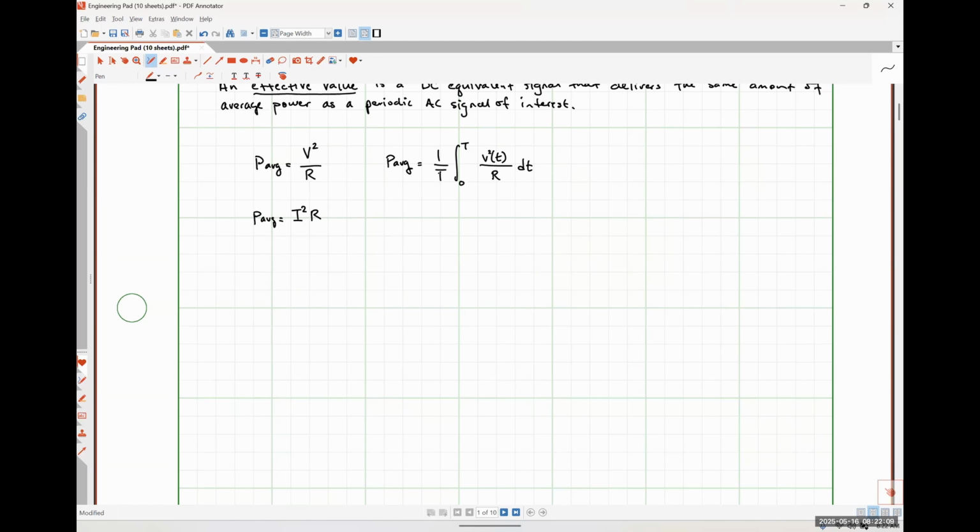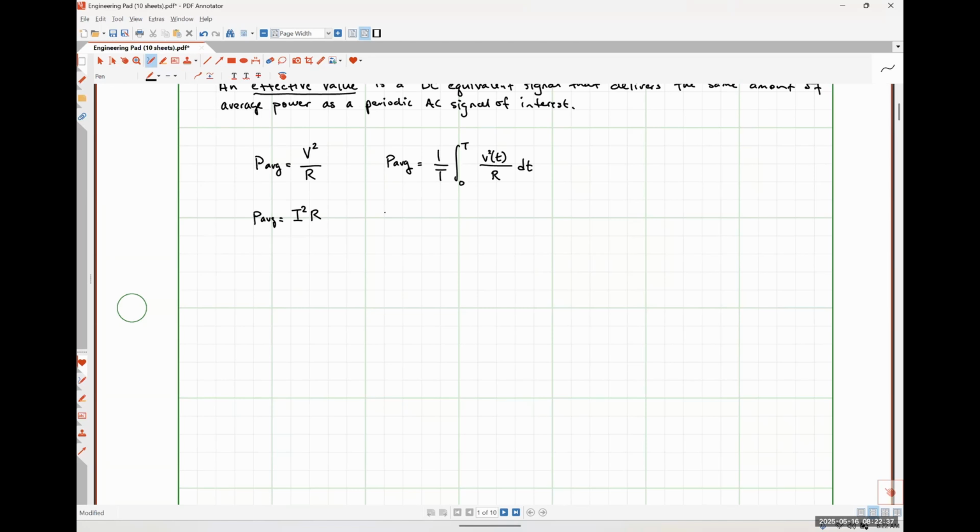So that V squared over R is just simply our power, where our voltage is now a time varying function. We are taking the integral of that assumed periodic signal over one period and then dividing by the length of the period, which is again exactly how we talked about formally finding the average value of a function in class on Wednesday.